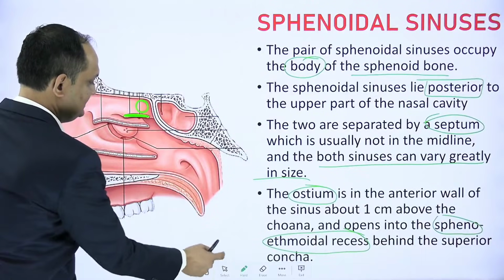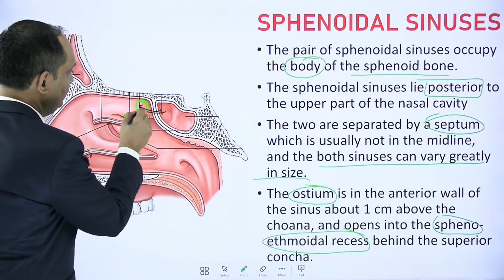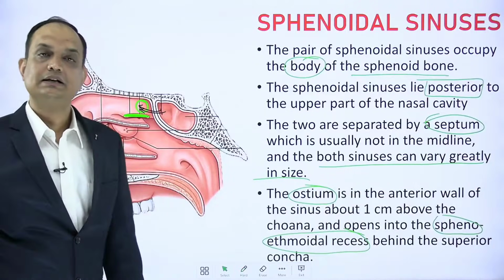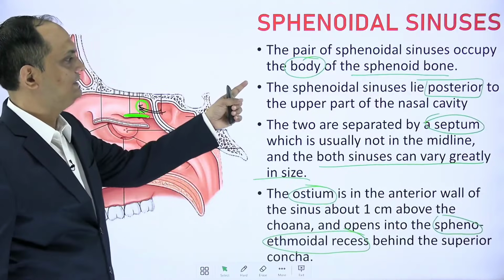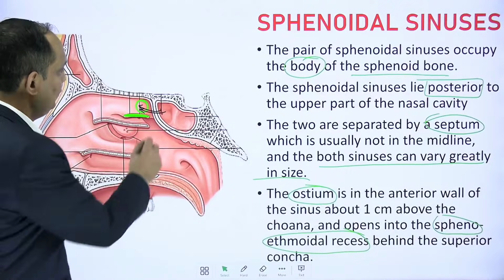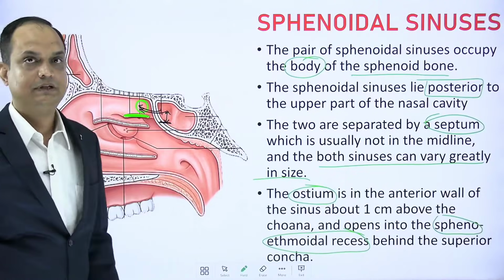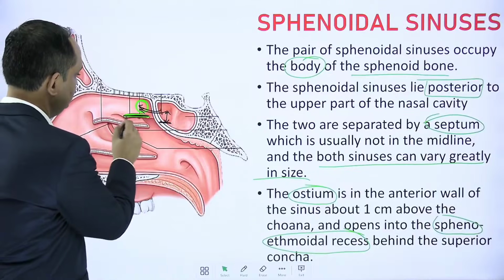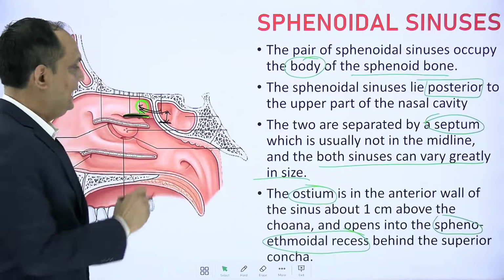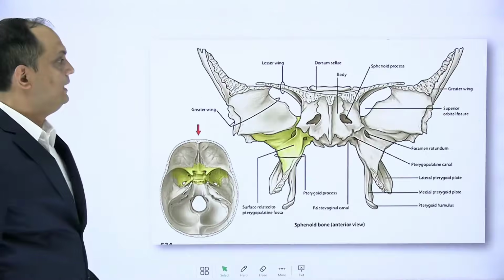In this recess there is an opening, and this is the opening of your sphenoidal air sinus. So the sphenoidal air sinus opens into the spheno-ethmoidal recess, and the opening is around 1 centimeter above the choana. Clear?